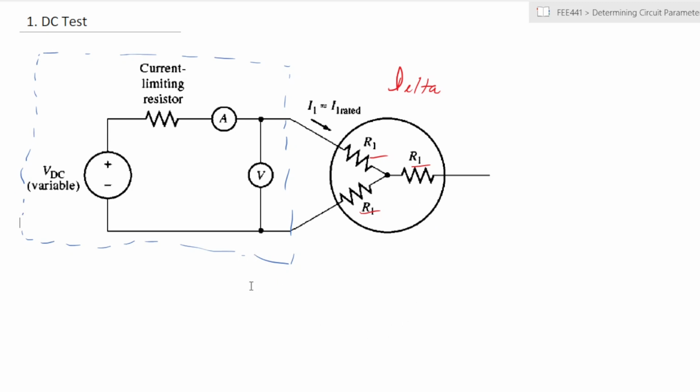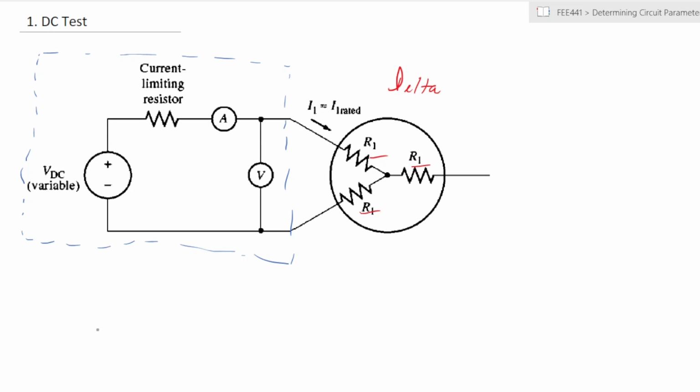Now, in this stage, the voltage is applied across 2 of them. The reason why we apply it across 2 of them is that we would want to determine the resistance of the windings as an average of each other. So by connecting it across 2 windings, you are able to get at any given time the average value of 2 of the windings.